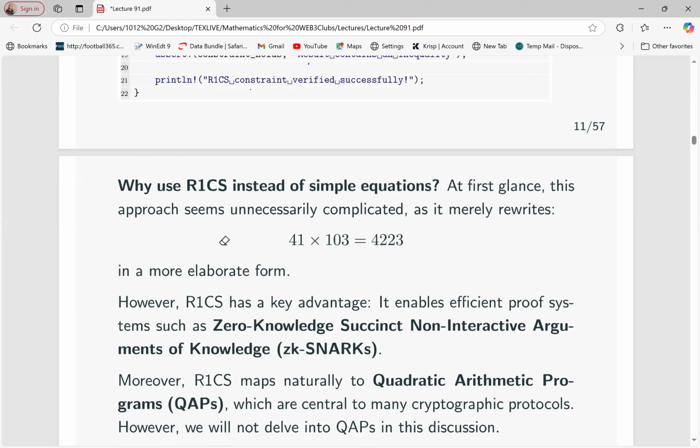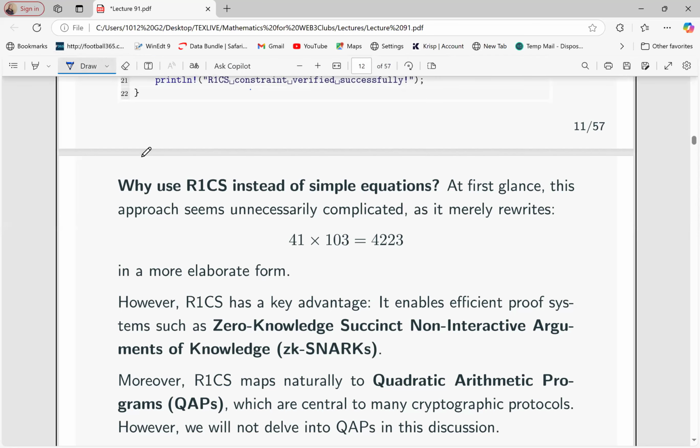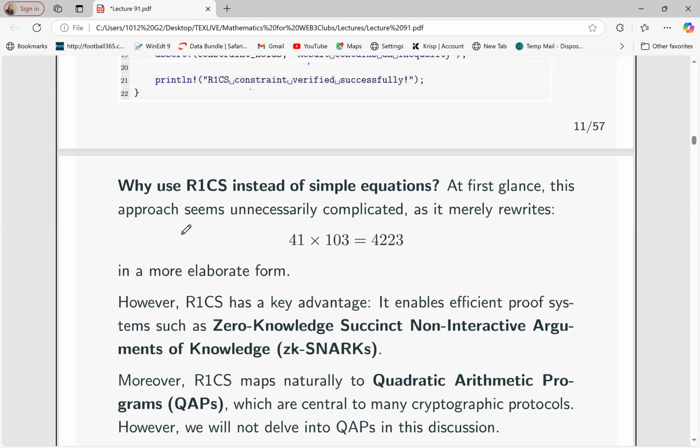Now, again, we've already said how important the rank 1 constraint system is. And that is why, of course, we are using it. Although the example we looked at could have been done without it, we are saying that we need rank 1 constraint systems for proving the efficiency in zero knowledge proofs, zero knowledge succinct non-interactive arguments of knowledge, which is the zk-SNARKs.